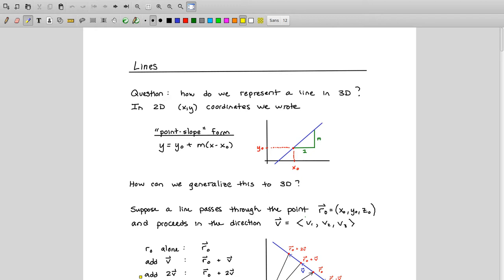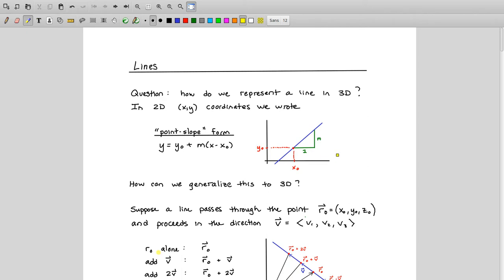Y is a function of x, and in particular we had the point slope form, y equals y naught plus m times x minus x naught, where y naught was the value of the line at x equals x naught, and m was the slope. So that gave you a line like this, and the question is now, how can we generalize this to three dimensions?